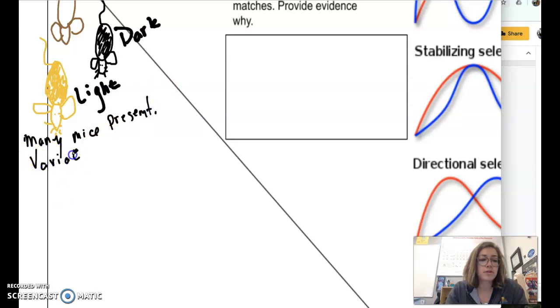And remember, those variations were due to, in this case, non-harmful mutations. So we had a mutation here that caused some mice to be darker, some mice to have this medium colored fur, and some mice to have this lighter colored fur.